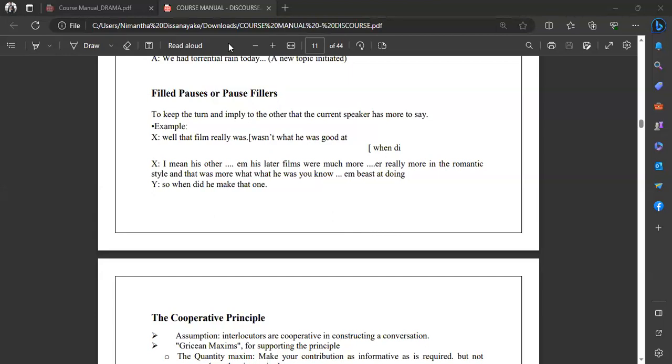Right? So when Y, the listener, is taking his turn, his utterance is clear. But when X is speaking, you may find pauses, right? This is natural in conversations.